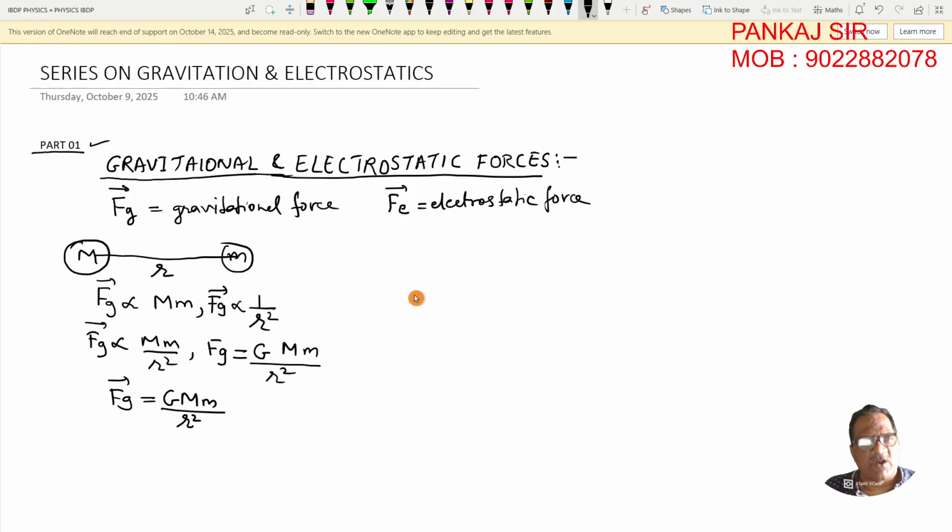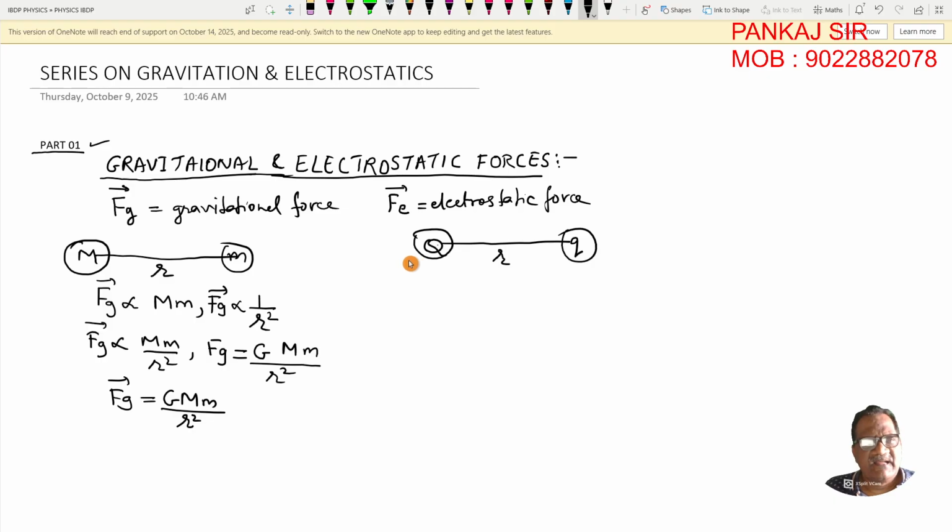On the same ground, you can define electrostatic force. But in electrostatic force, you are not going to deal with masses, you are going to deal with charges. Suppose you have a charge capital Q and another charge small q, separated by some distance r, similar to this concept.